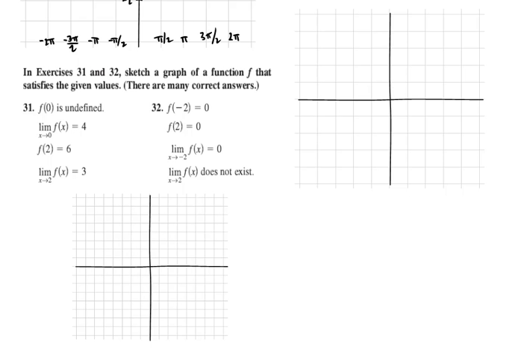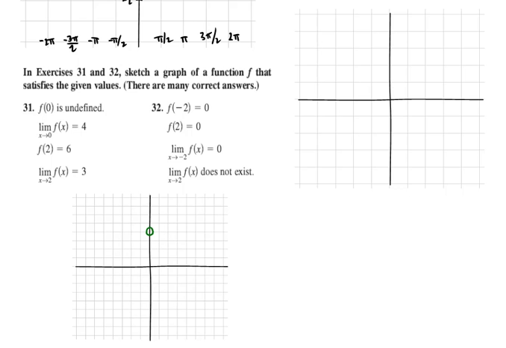We know that the limit as x approaches 0 is 4, but the value at 0 is undefined. So that means we're going to have the same behavior from the left and the right coming into where x is equal to 0, and that's going to approach y equals 4. But because the function is not defined there, we'll just start with an open circle.